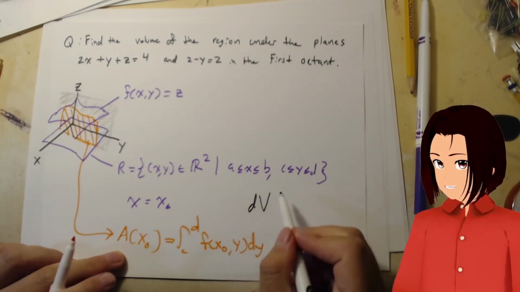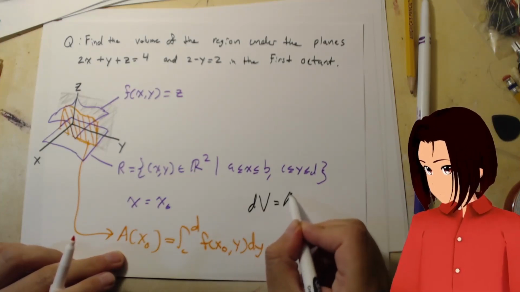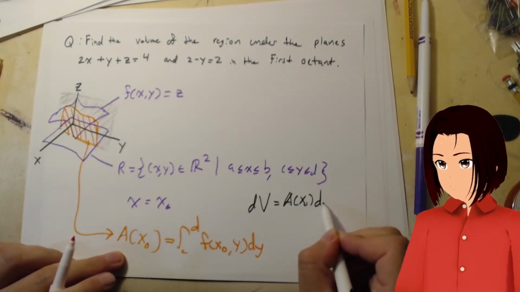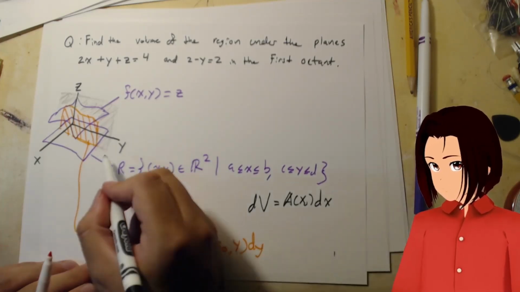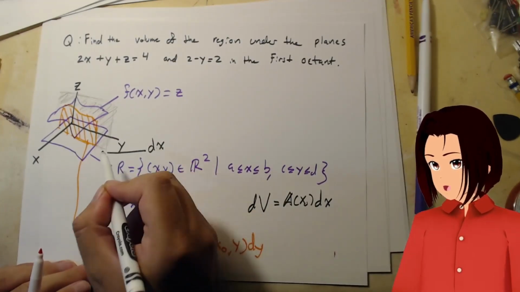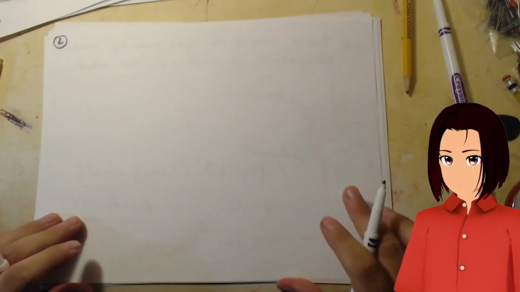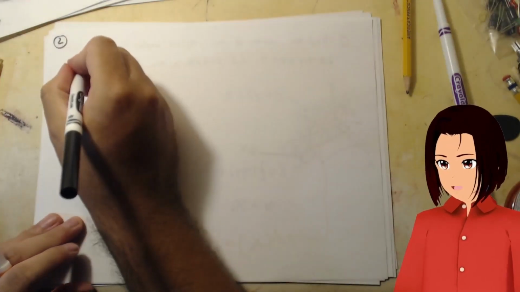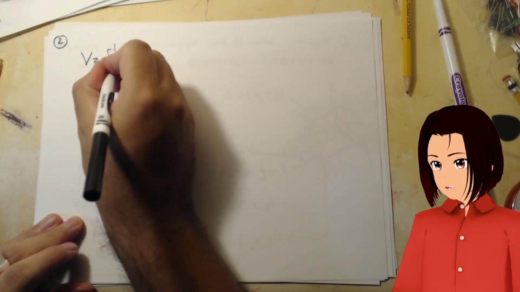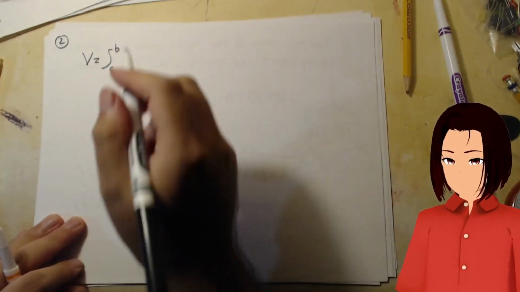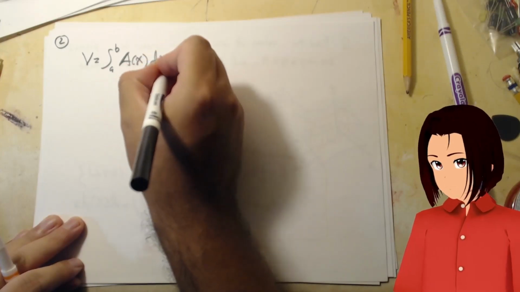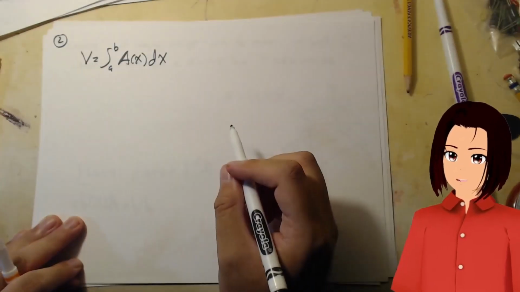Our dV is essentially the cross-sectional area multiplied by some small dx. The width is our dx. So we may say that the volume is equal to the integral from a to b of A of x dx.